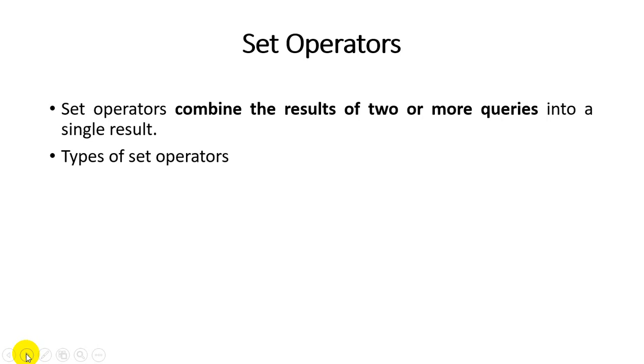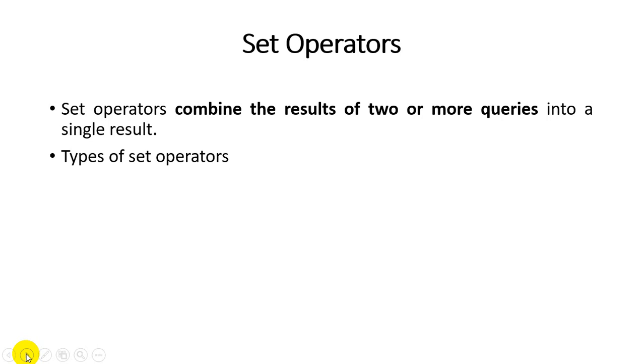There are different types of set operator. What is the requirement of a set operator? Whenever a user wants to retrieve multiple tuples among multiple relations, they use multiple queries.